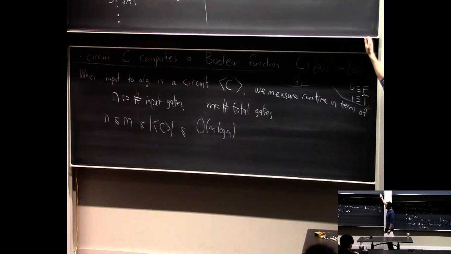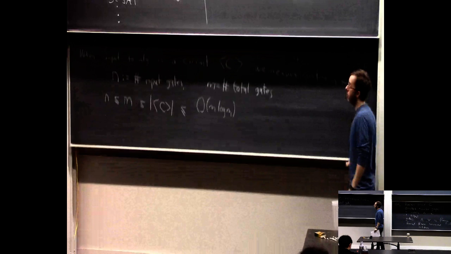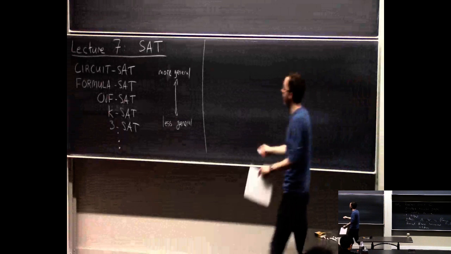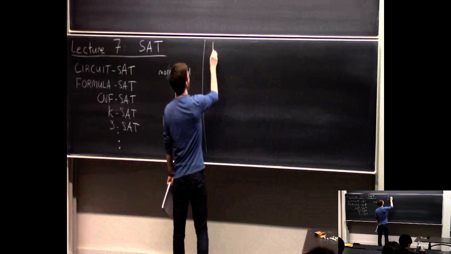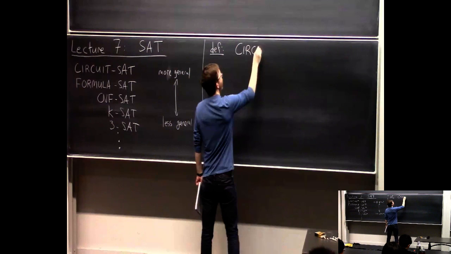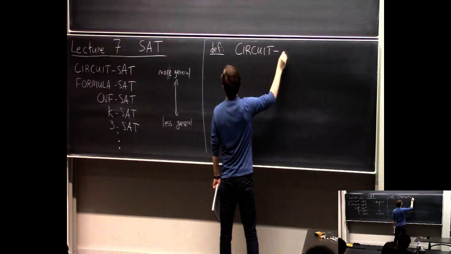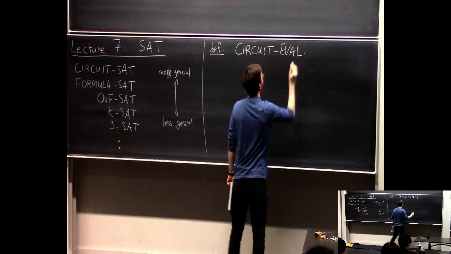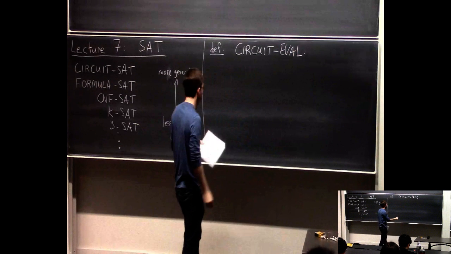OK, so what kind of crazy function or problem would take a circuit as an input? I'll give you a warm-up problem that's not too complicated. But actually, this problem is also very important for complexity theory, even though it's kind of simple looking. It's called circuit eval.